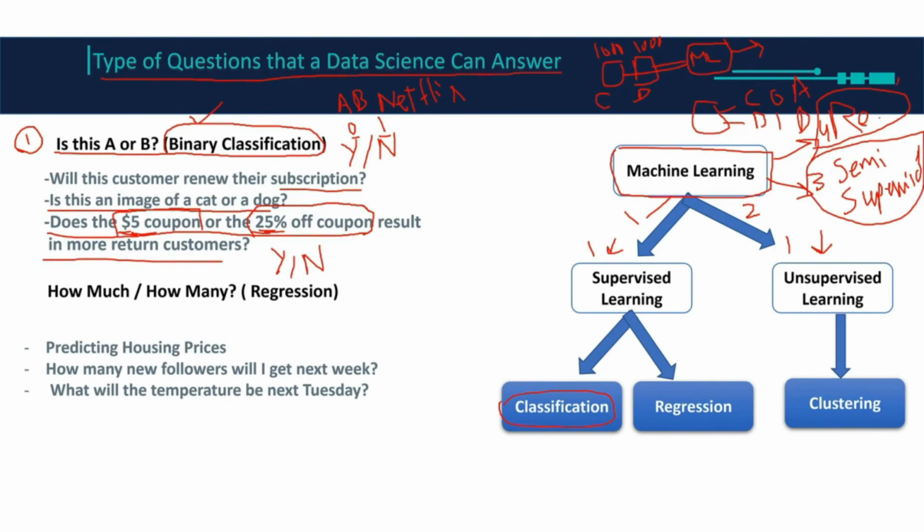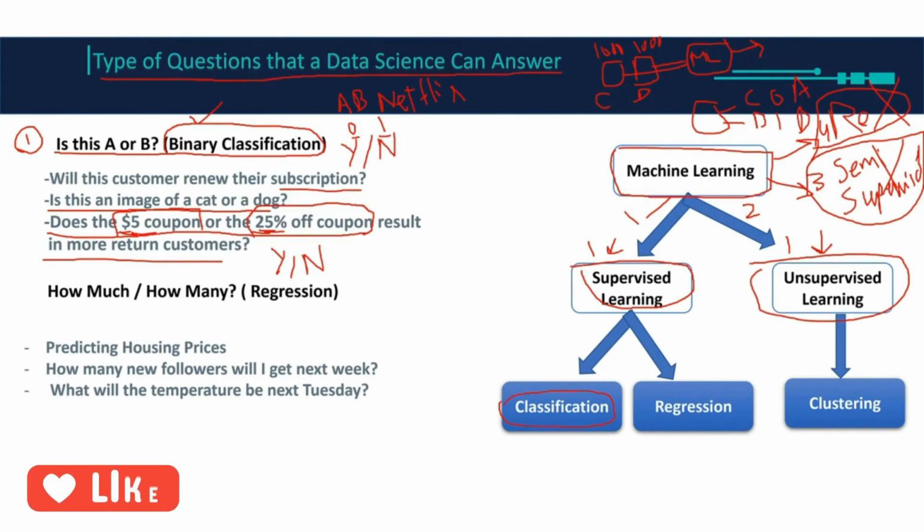So we're not going to talk about these two, only these, because they are more common. So we have supervised learning and unsupervised learning. The first question that's going to come up in your mind is: what is supervised learning, what is unsupervised learning, what is classification, what is regression, and what is clustering?